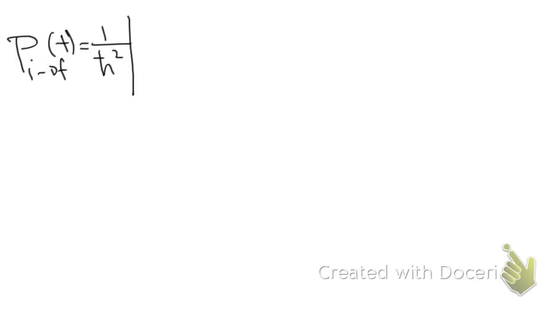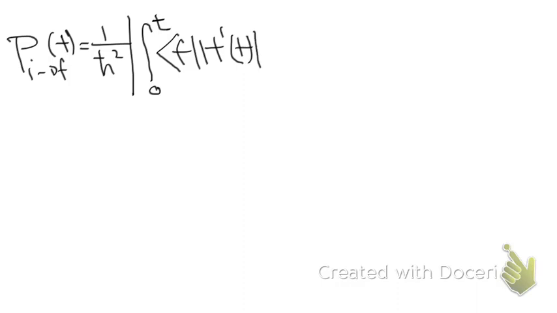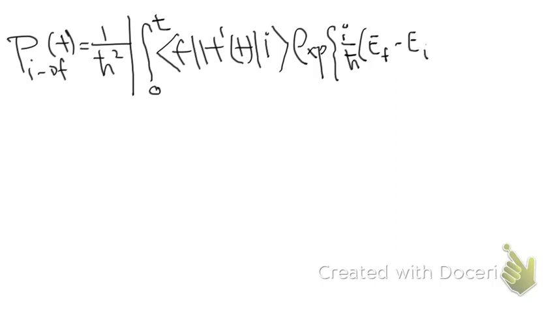So we have the time integral from 0 to t of f h1 as a function of t, i, exponential i over h bar, Ef minus Ei times t, and again, let's call this t prime.